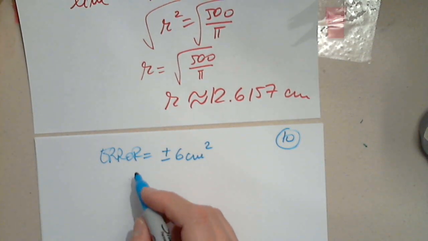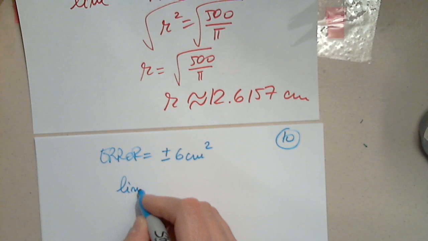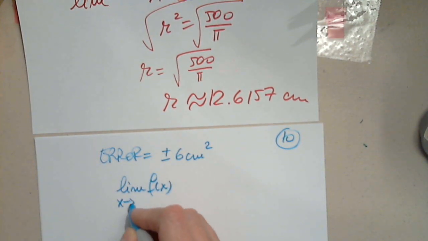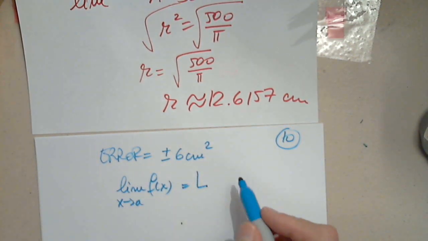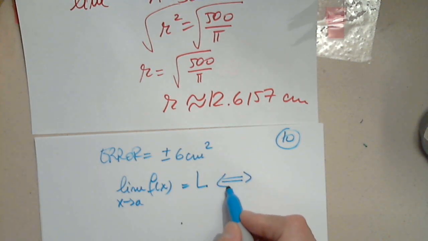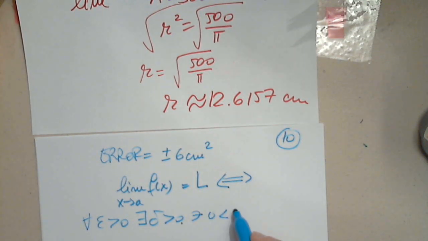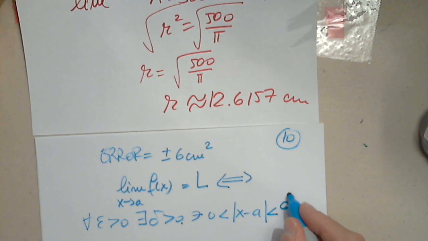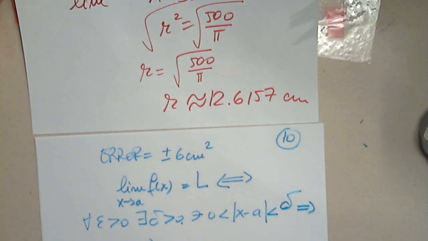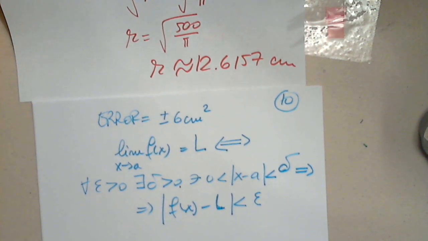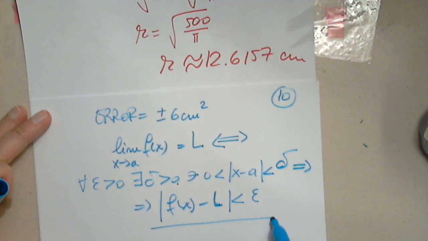So remember when we look at the limit, let's say the limit of f of x as x approaches a is L. This is equivalent to: for every epsilon greater than 0, there exists a delta greater than 0 such that 0 less than absolute value of x minus a less than delta will always imply absolute value of f of x minus the limit is less than epsilon. So this is what we are really given.